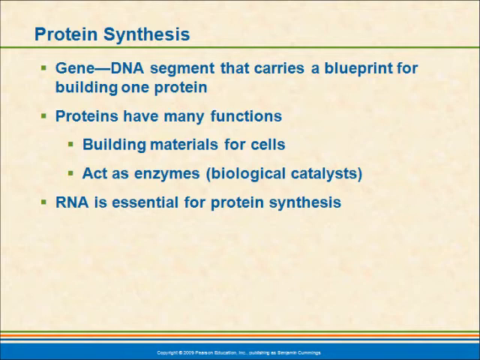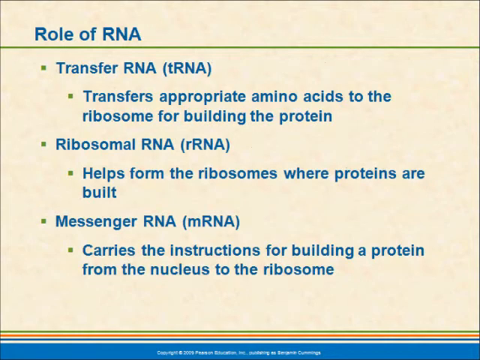Now, RNA is also essential here, and that is ribonucleic acid. It is the intermediary between DNA and the final product of protein. There are 3 types of RNA that are involved. There is messenger RNA, which is directly copied from the DNA.